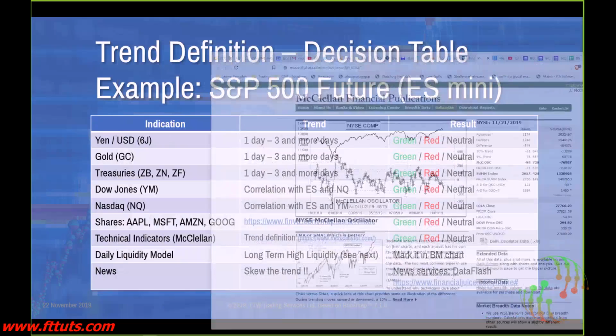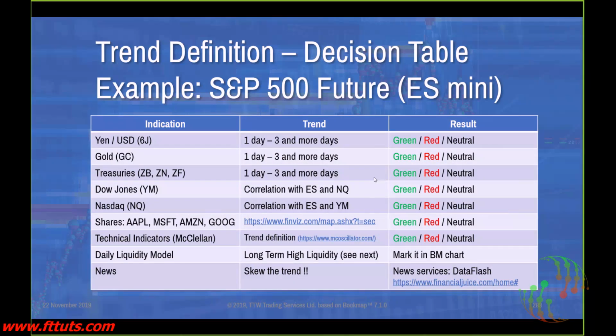So what we see overall in the preparation of our daily trading is that the ES is weak. We have more chances for downside than for upside at the moment. And please think about that news can skew the trend. If anything happens, all this what we have on our chart and our decision table is past.